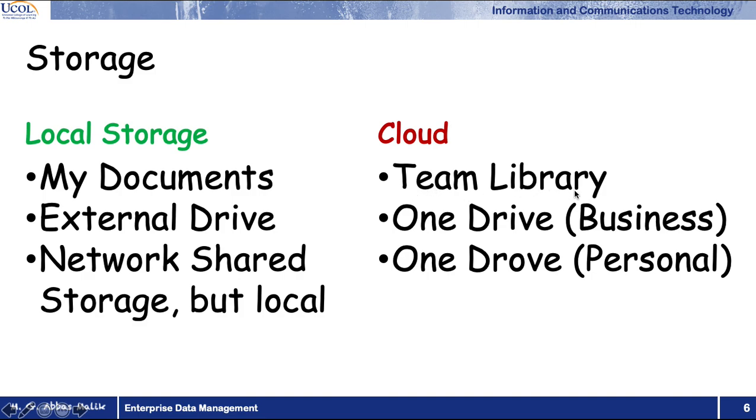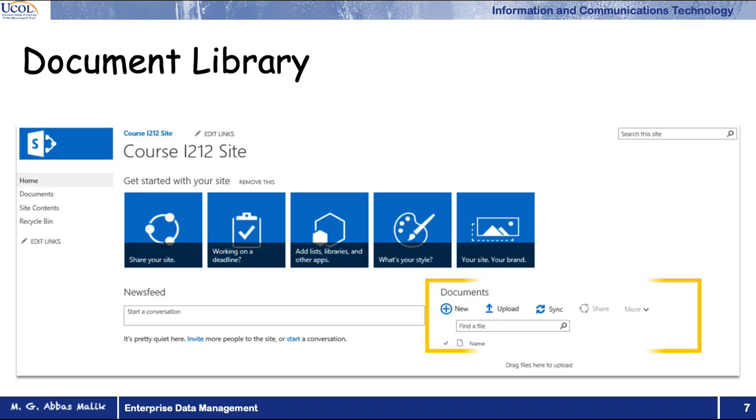That can be a team library which you have hosted somewhere in the cloud. It could be the Microsoft cloud, or the Google cloud, or maybe Amazon Web Services, whatever it is, OneDrive for Business or OneDrive personal. So you can configure your OneDrive to store all this information. That is also possible.